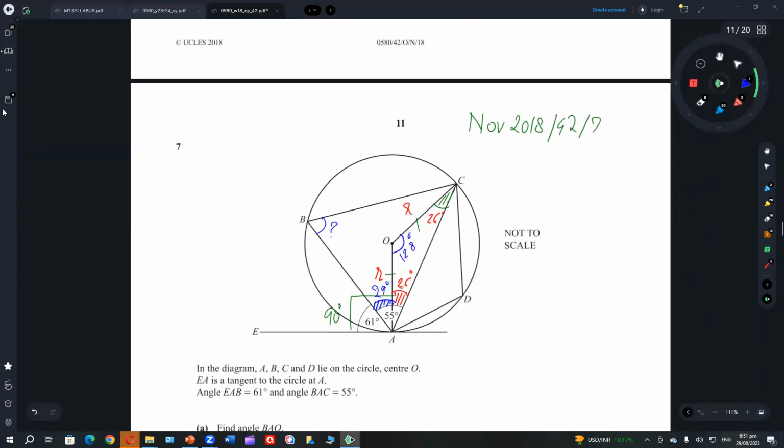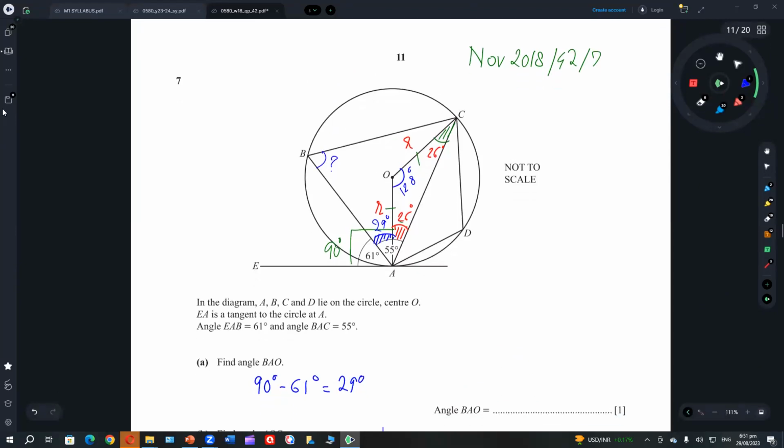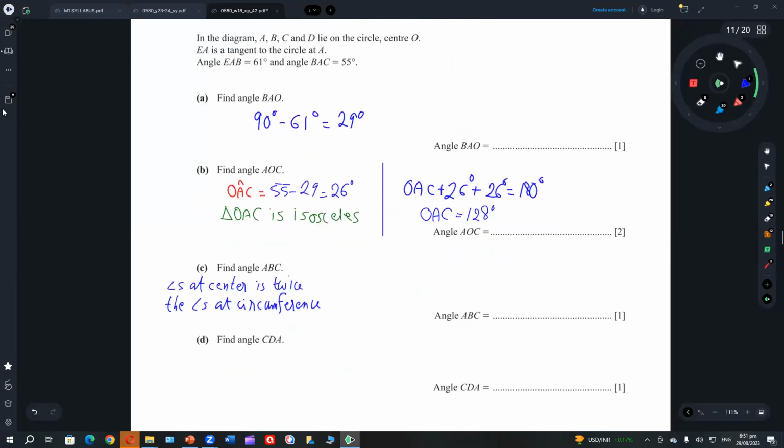So if I have 128 here, I can find ABC. ABC is equal to 128 upon 2. Sorry, so I have mentioned the 64.